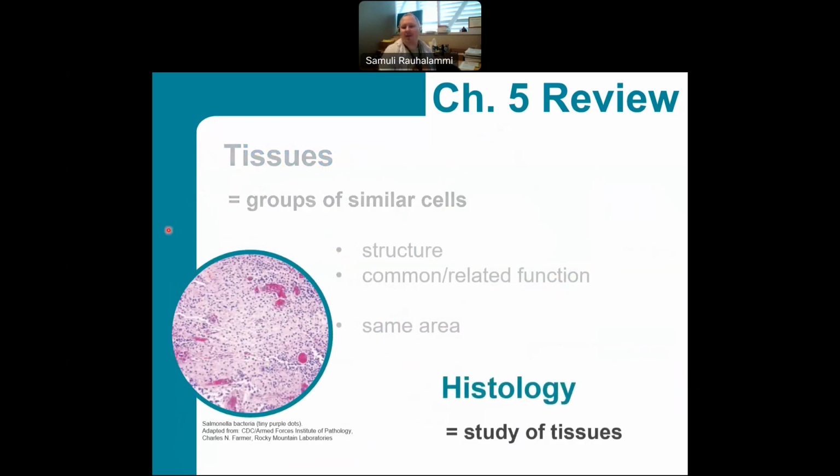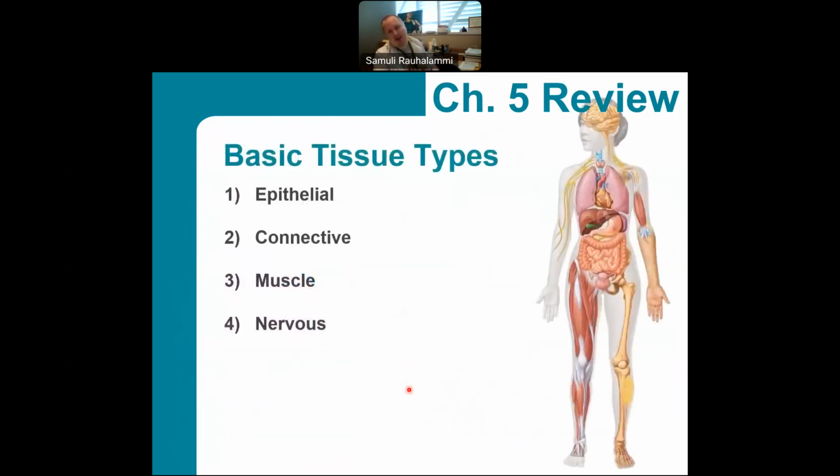So the study of tissues is known as histology, and if that's something that you're interested in, this chapter gives you a flavor of that, and you will be learning more about histology of anatomical structures throughout the course as we go to relevant systems. So for the time being, I think a good place for us to start is by looking at basic tissue types that we find in the body.